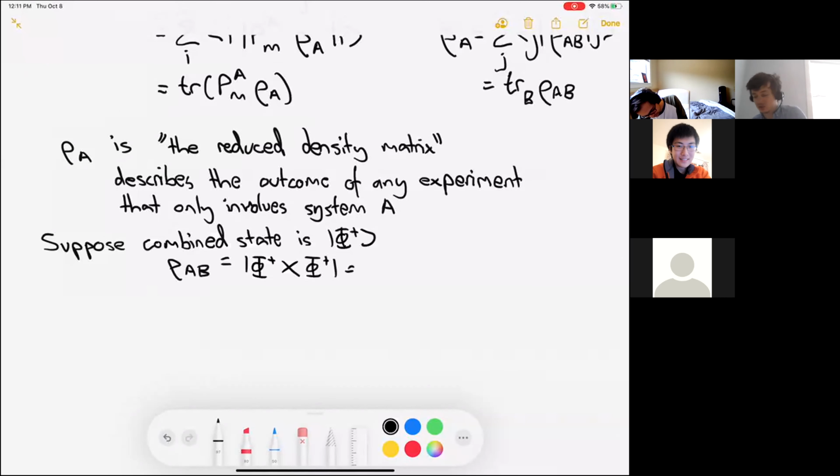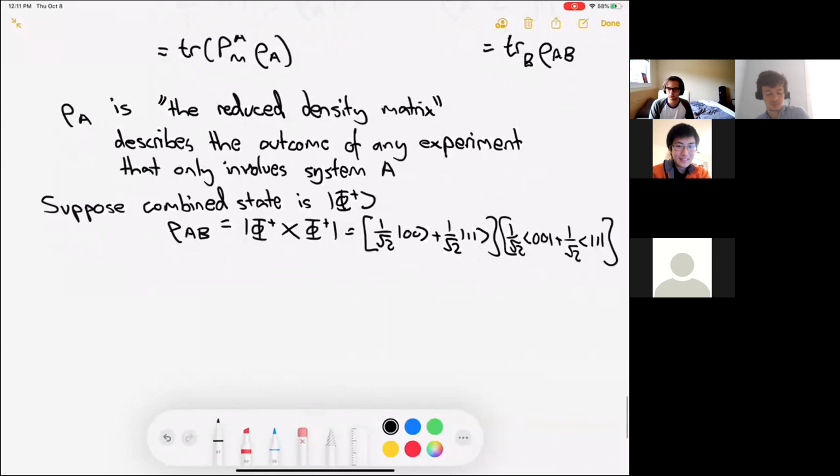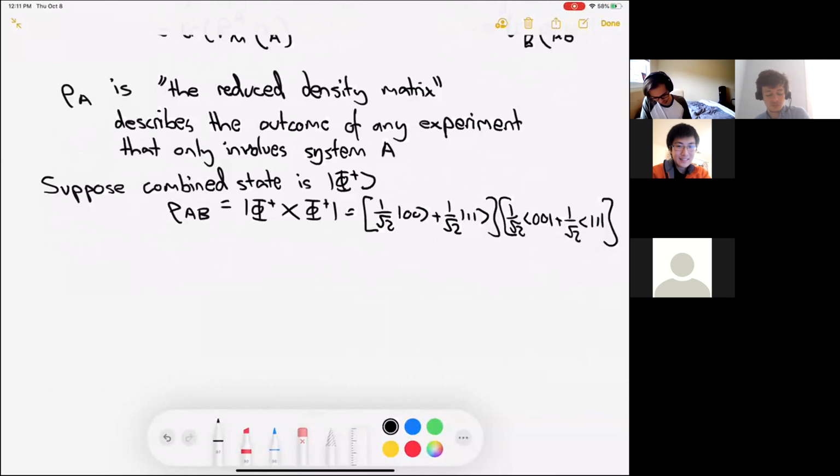So we can expand this out: 1 over square root 2, |00> plus 1 over square root 2, |11>, times the corresponding bra. We can write this out in full.